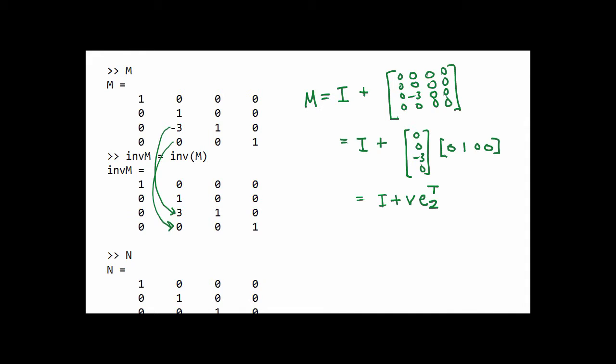It's pretty easy to check that if you take I minus V e2 transpose, times I plus V e2 transpose, we get 4 terms just by multiplying this out.